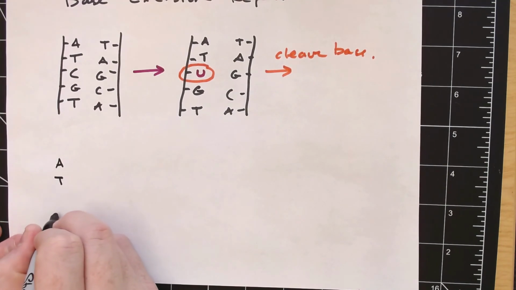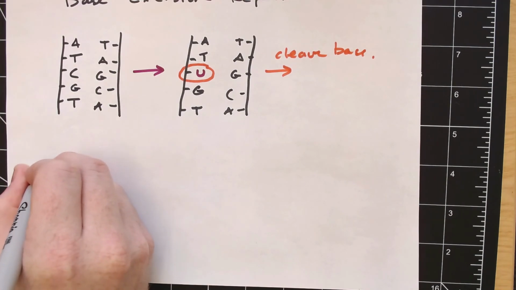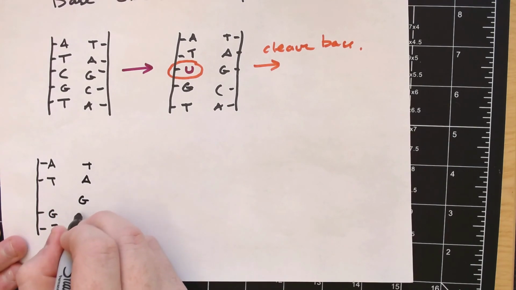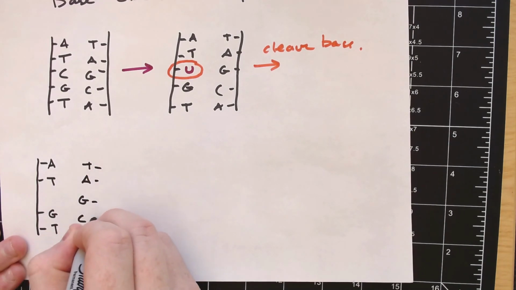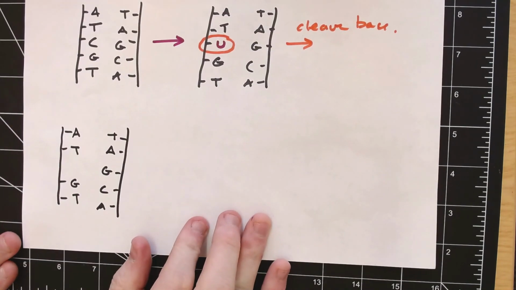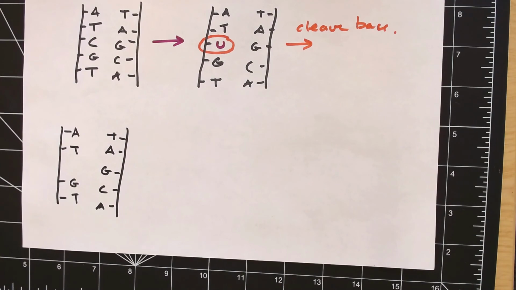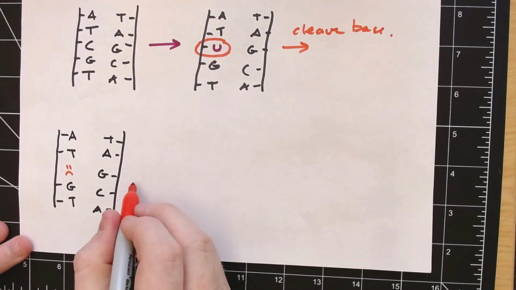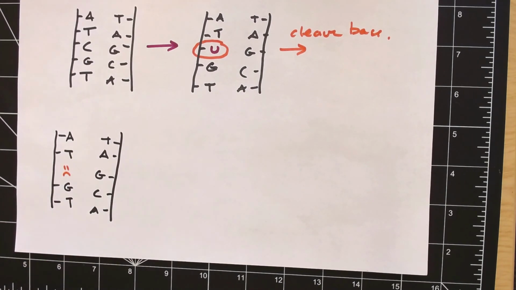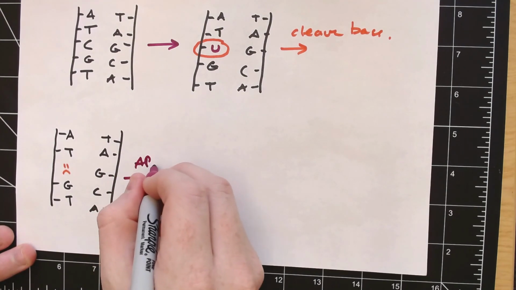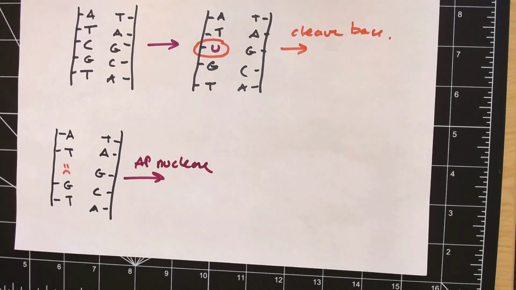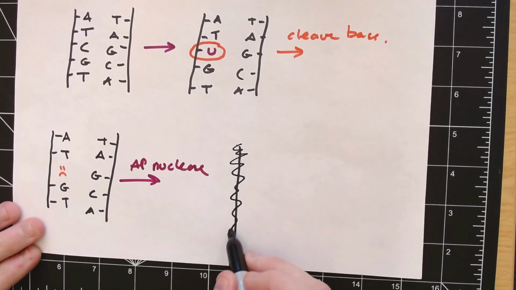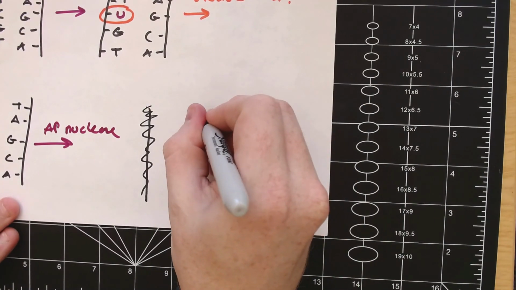A, T, blank, G, T. Okay, and then over here, T, A, G, C, A. Okay, so now we have this abasic site here, which is kind of like a sad empty space. And that's going to get recognized by AP nuclease.